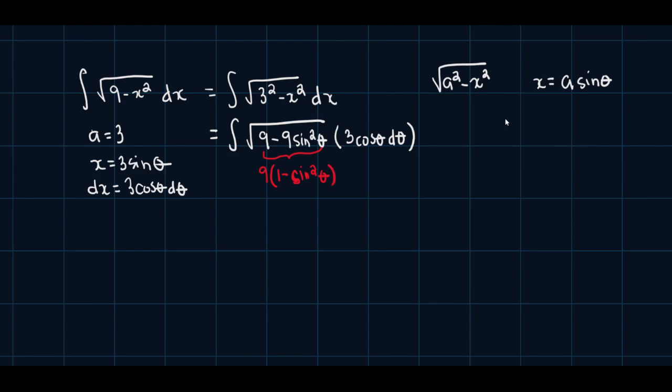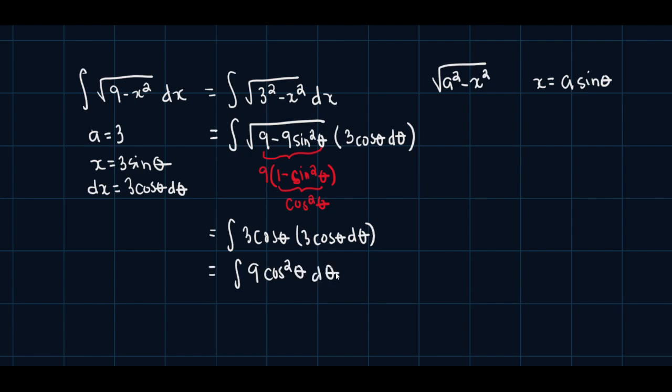And recall that 1 minus sine squared theta is cosine squared theta. So after writing it as cosine squared theta or 9 cosine squared theta and extracting the square root, we will actually get 3 cosine theta times 3 cosine theta d theta. Or, when we simplify, 9 cosine squared theta d theta.